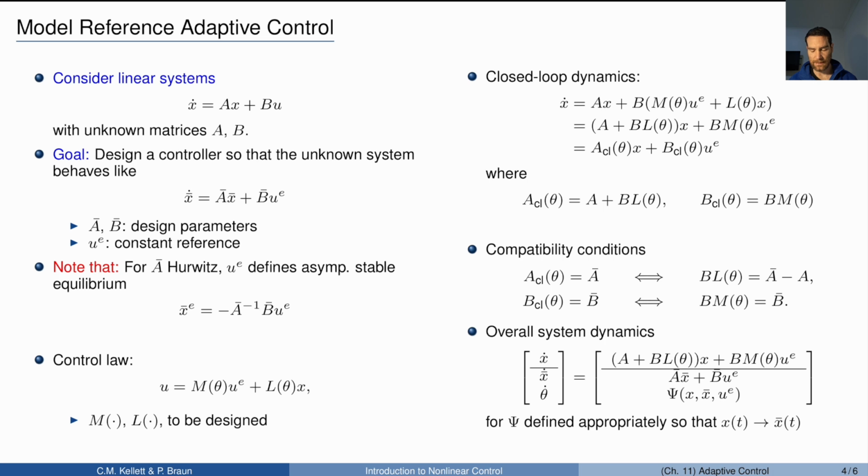Then again, we have this dynamic component, a theta dot. That's a function which we can design in a particular way, such that hopefully we are able to select L theta and M theta in a way such that x of t converges to x bar.